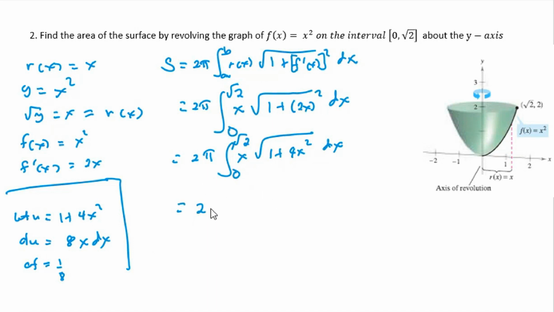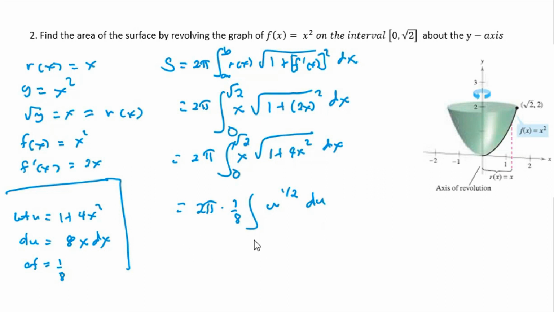Rewriting this, we have 2 pi times the coefficient factor 1 over 8 times the integral of u raised to 1 half, and x dx will just give us the du, because I already wrote the 1/8 as the constant multiplier.